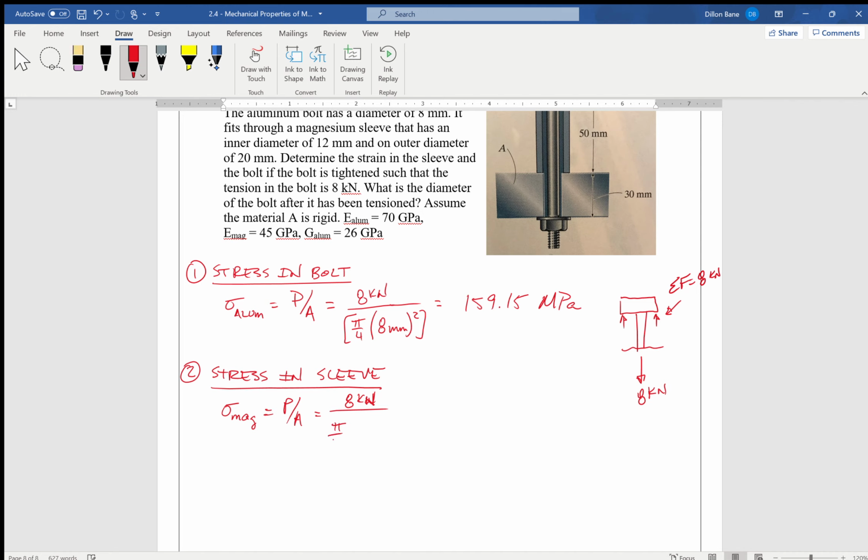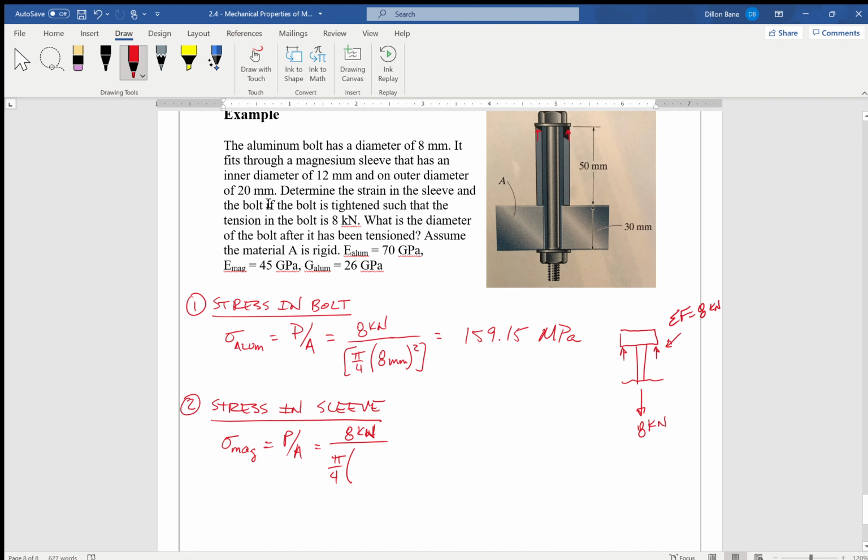But now our area of that sleeve is pi over 4, but it's not just 20 millimeters squared, and it's not just 12 millimeters squared, and it's not even 20 minus 12 squared. It is 20 squared minus 12 squared.